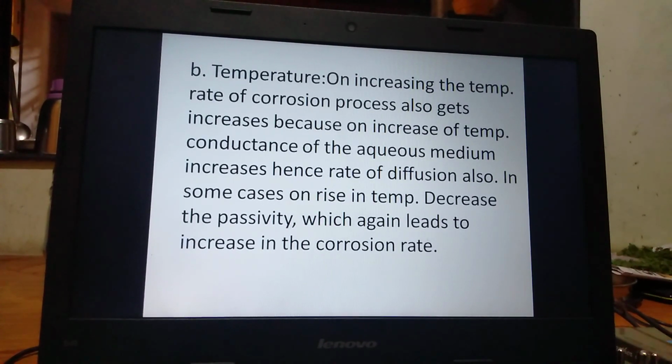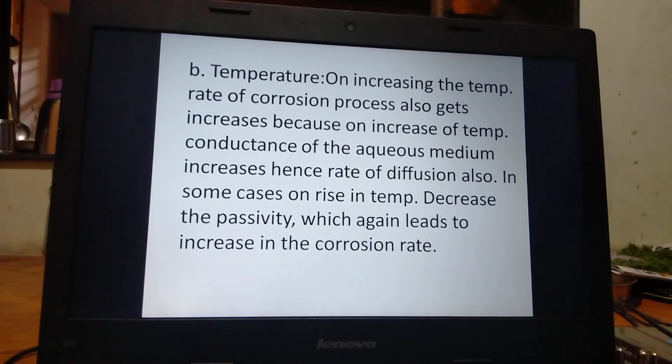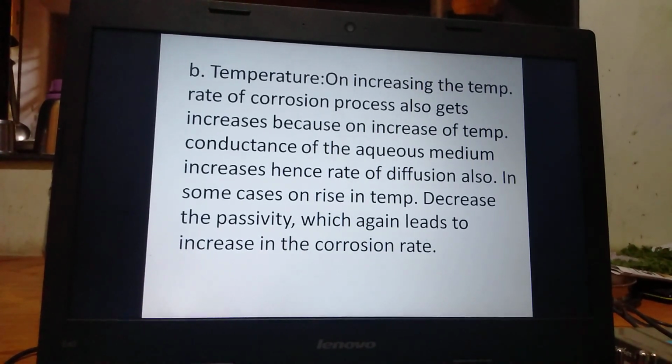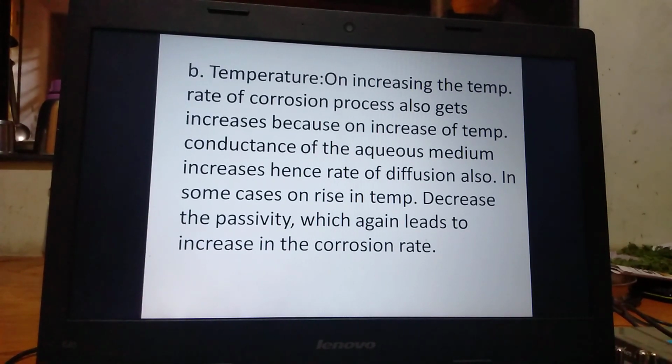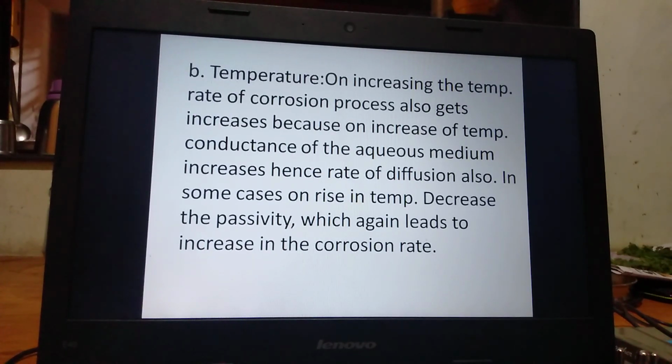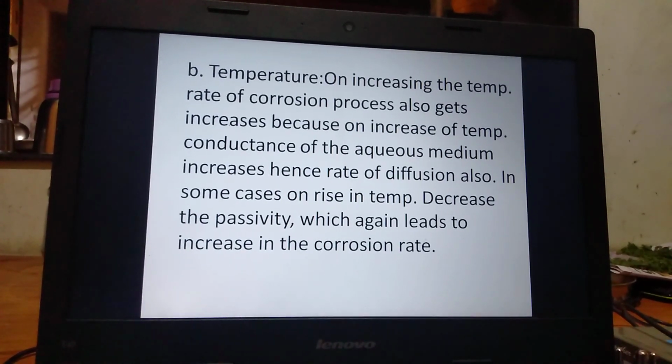An increase in temperature results in an increase in the conductance of the aqueous medium and thereby in the diffusion rate. As a consequence, corrosion progresses faster at higher temperature. In some cases, rising temperature decreases the passivity, which again leads to an increase in corrosion rate.